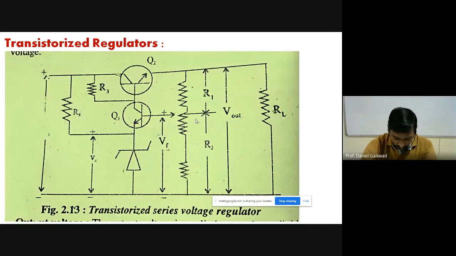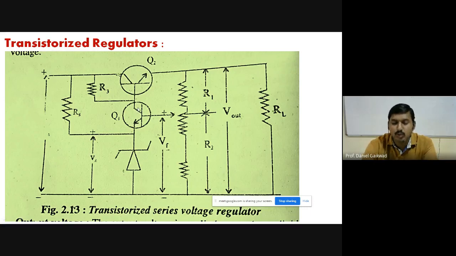Now check carefully. In the Zener diode regulator, using Zener as a voltage regulator, there are certain drawbacks and limitations to the regulation. We have a certain range of regulation, but that can be minimized with the help of a transistorized regulator.